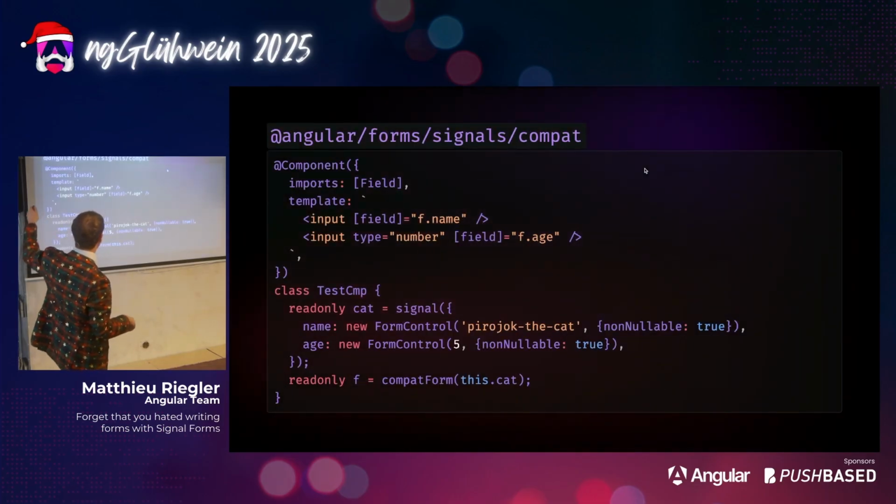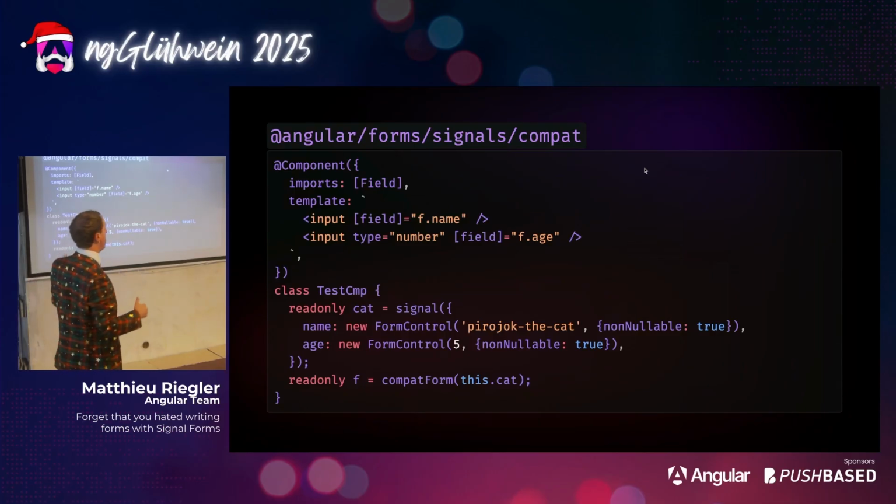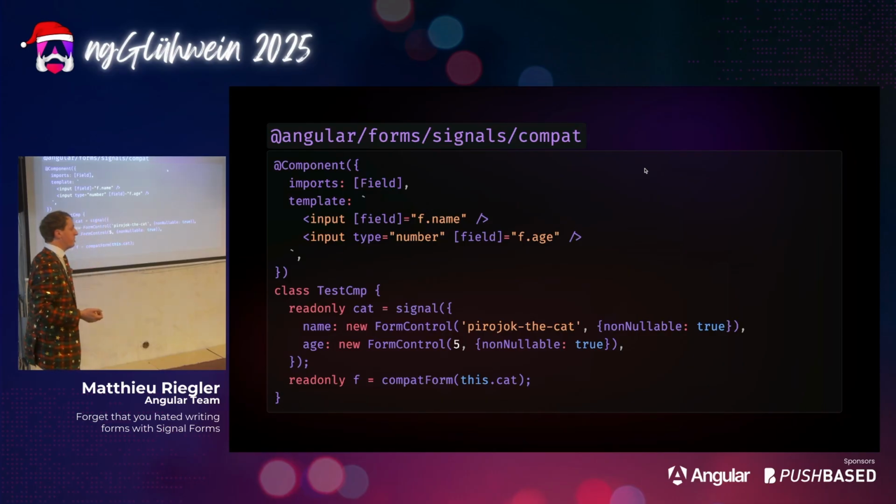A small example for the interop: we have a sub-entry on the signal forms, Angular forms signals compat, which will allow you to create forms using reactive form structures. So you still have the field directive, you still have your model, which is based on a signal. But here, as you can see, we don't have the value directly. We use the reactive form structures.